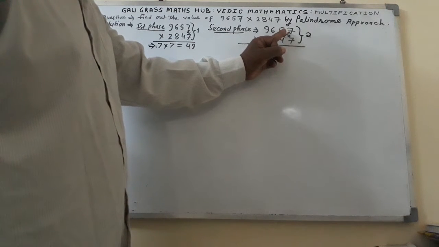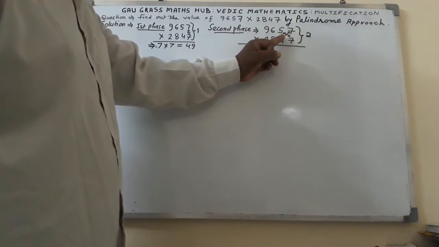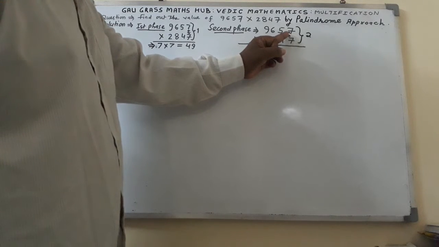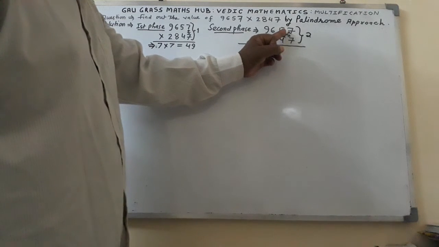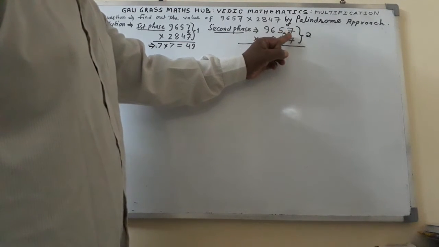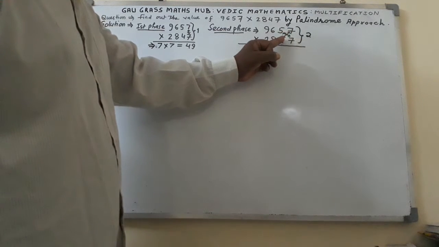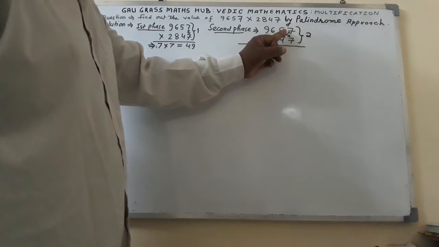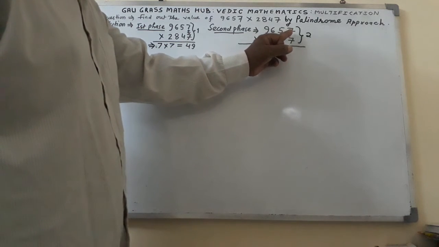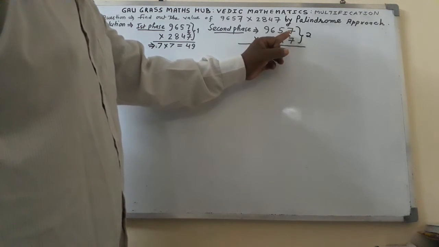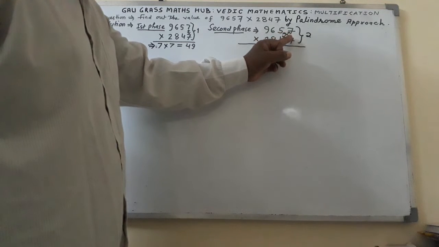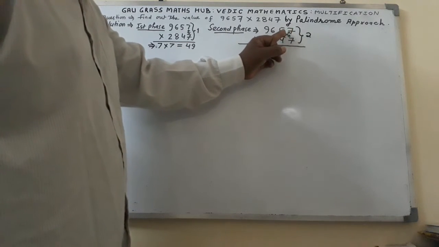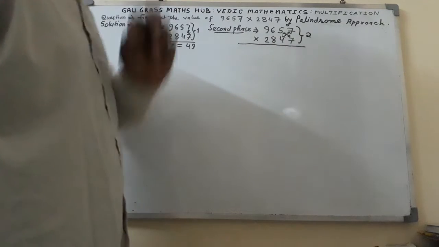One transverse line, this one, and one transverse line, this one, intersect at this one point. So for one transverse line 1, and this is 2. 1 and 2. That's why I have written 2.